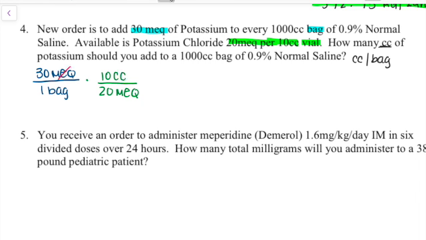So let's cross cancel out milliequivalents. 30 times 10 is 300 cc's. And 20 times 1 is 20, so 20 for the bag. 300 divided by 20 is 15, so our answer is 15 cc's that we're going to put in the bag.